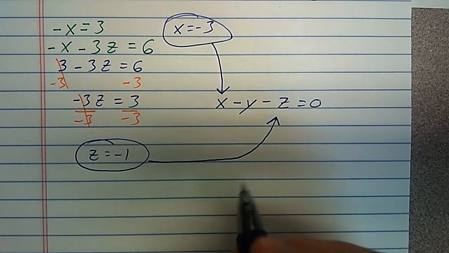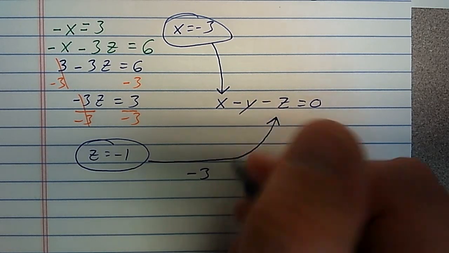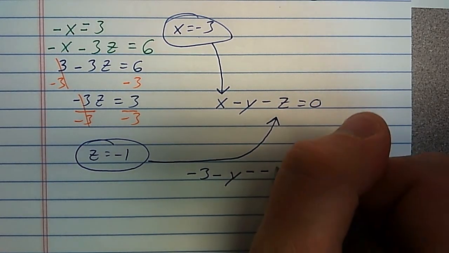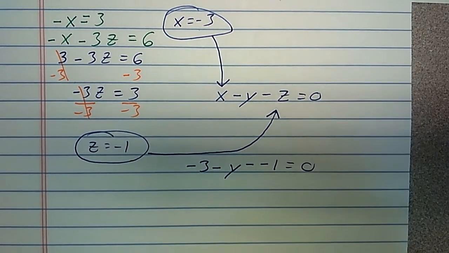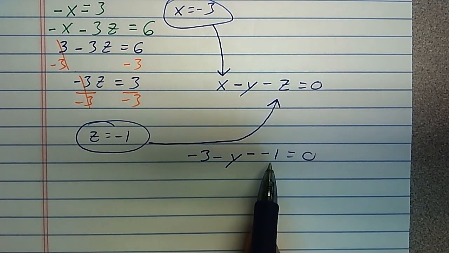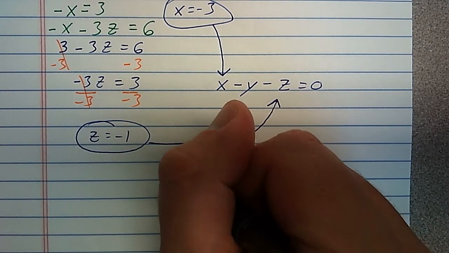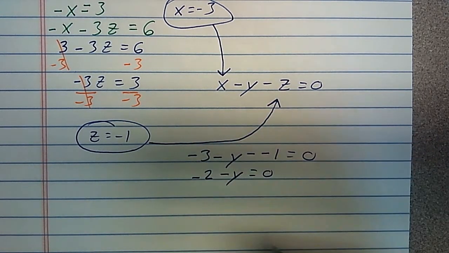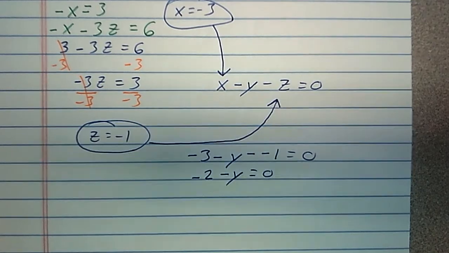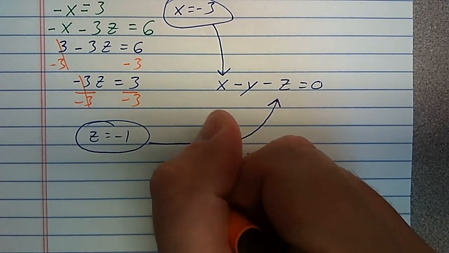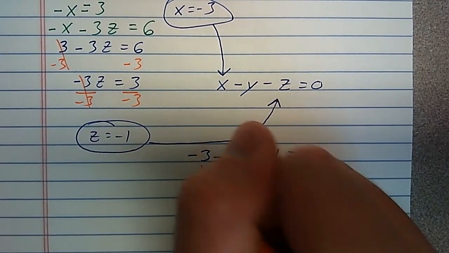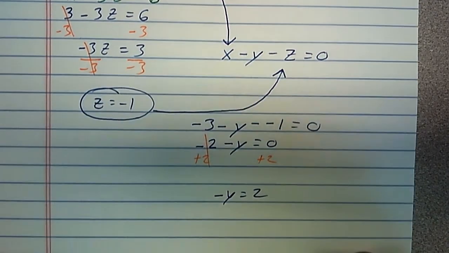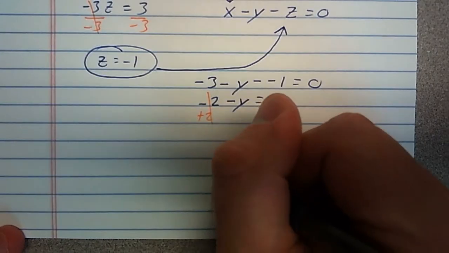So I get -3 minus y minus -1 is 0. That'll be -3 plus 1 is -2. Add 2 to both sides. Negative y equals 2. And then so that means y is -2.